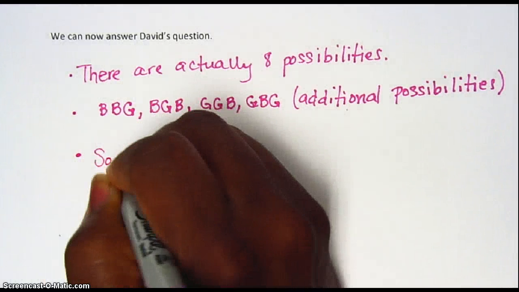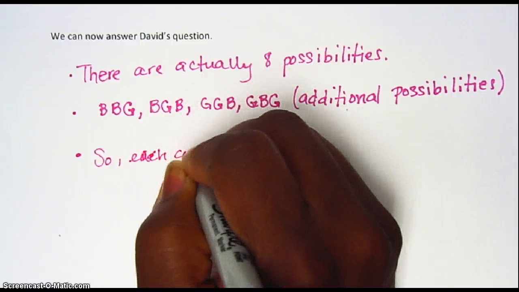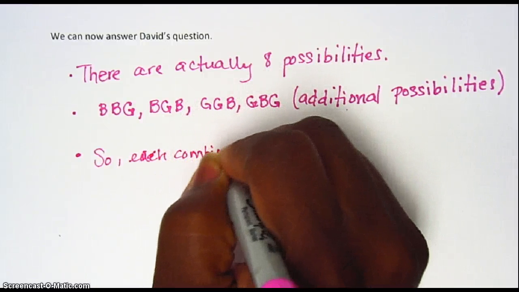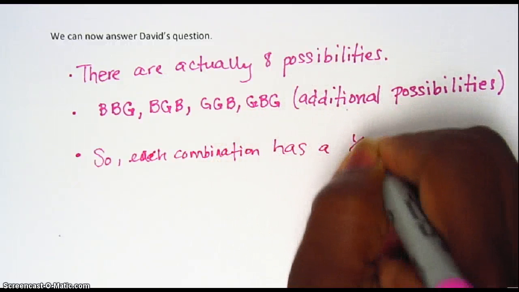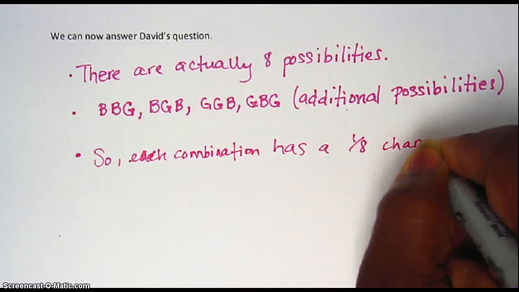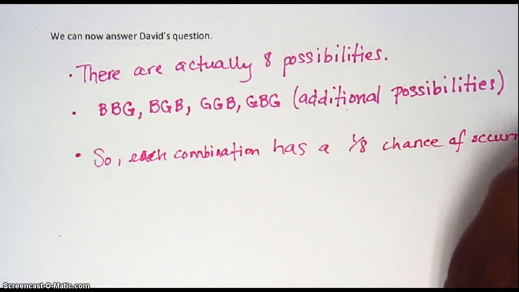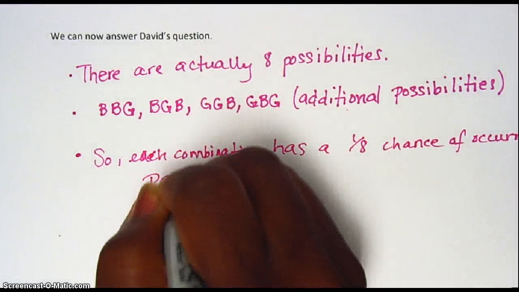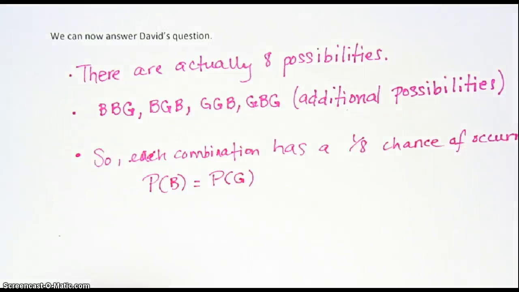So, each combination has a 1 in 8 chance of occurring. And this is because the probability of having a boy is equal to the probability of having a girl, which is 0.5.